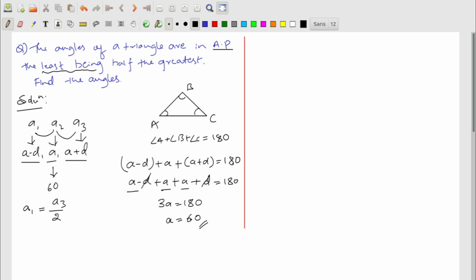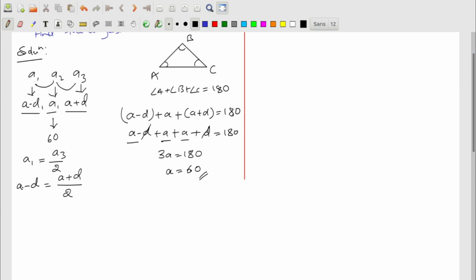So now substitute. We know that this A1, that is our A minus D, is equal to A3, A plus D, whole divided by 2. Okay, now solve this one. We know A is 60. Now substitute that A, 60, here. 60 minus D is equal to 60 plus D whole divided by 2, right?